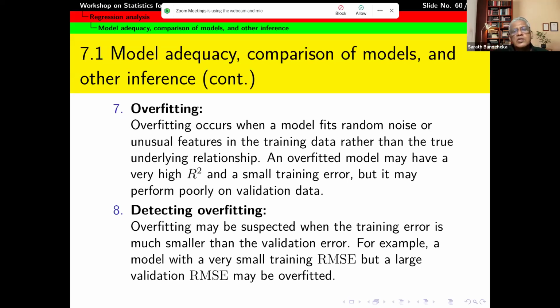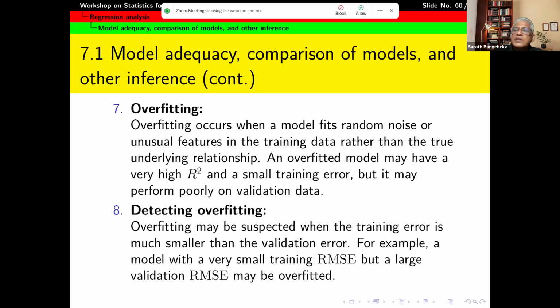Overfitting occurs when a model fits random noise or the unusual features in the training data rather than the true underlying relationship. An overfitted model may have a very high R square and a small training error, but it may perform poorly on the validation data.